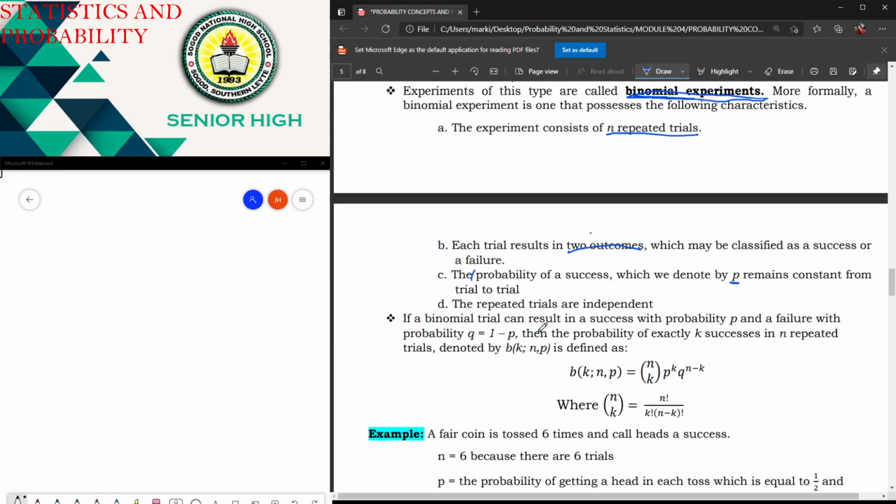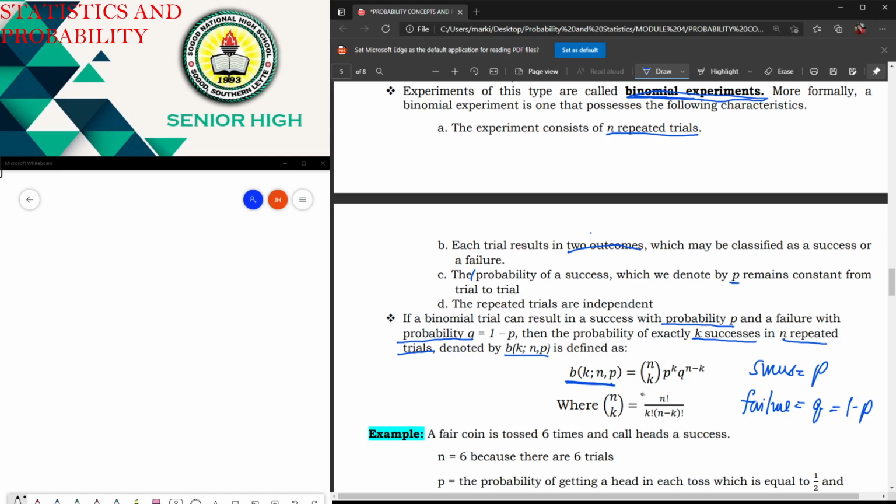So if a binomial trial can result in a success with probability P, then the failure has probability Q, which is equal to 1 minus P. Then the probability of exactly k successes in n repeated trials, denoted by b(k; n, P), is defined as this one.